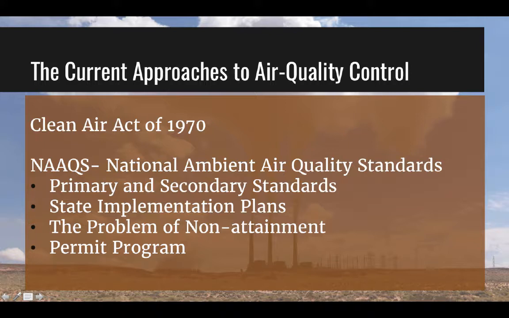Some pollutants have primary standards for both long-term, annual average, and short-term, 24 hours or less. For example, nitrogen dioxide and particulates. Secondary standards are sufficient to protect public welfare. Public welfare includes visibility, plant life, animal life, and buildings.